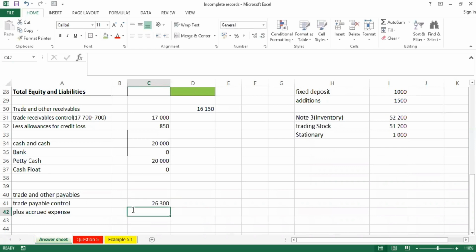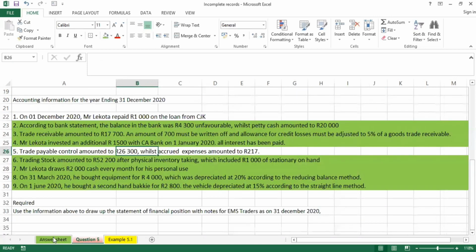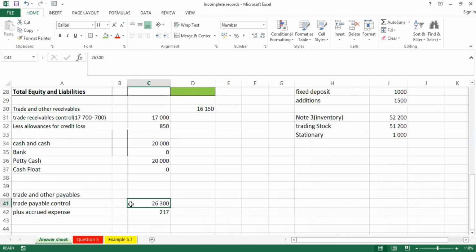And then 270. So let me just double check. Yes. So now to get our total trade and other payables, we have to add the two amounts, and we get 26,517.